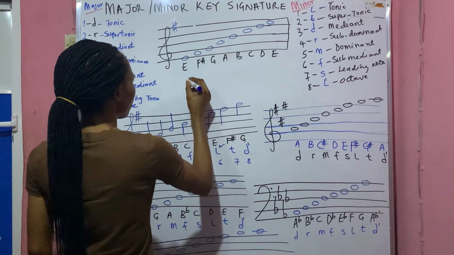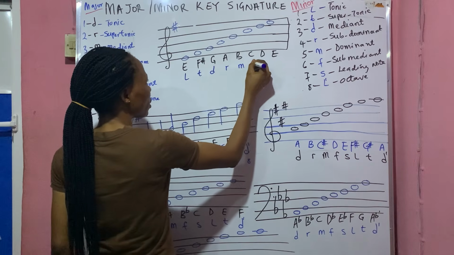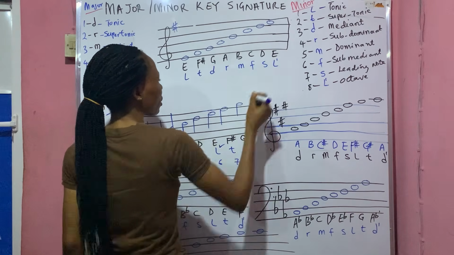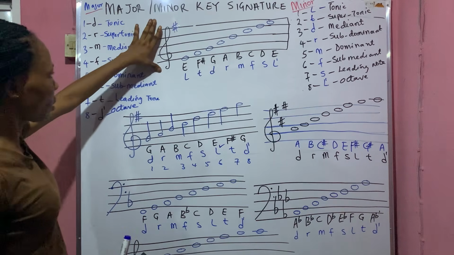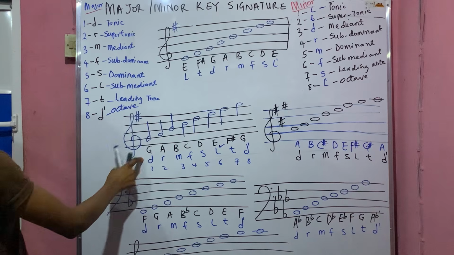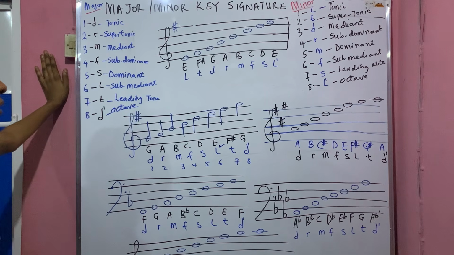So this is going to be La, Ti, Do, Re, Mi, Fa, Sol, La. Can you see the difference between these two keys, G and E minor? Both have one sharp, but different tonic movement.